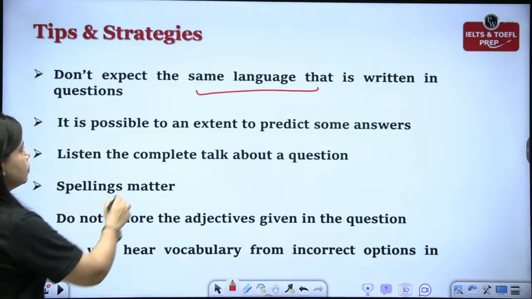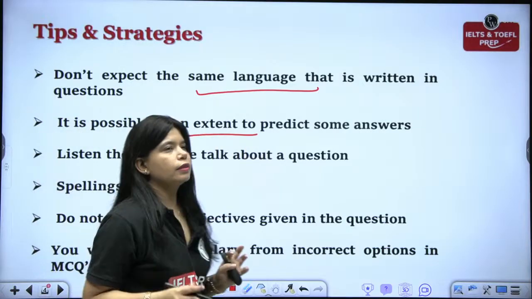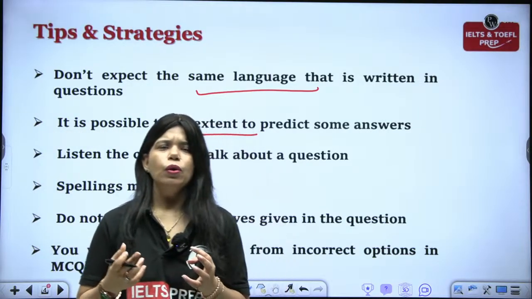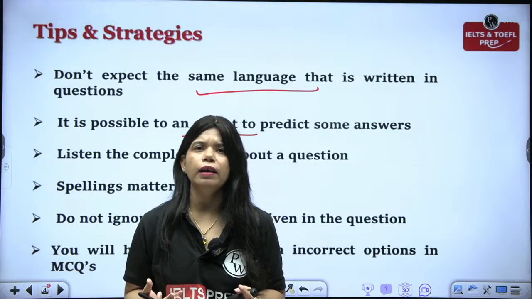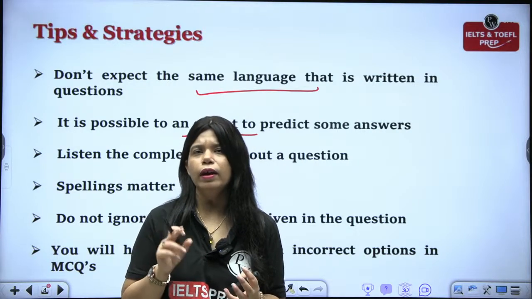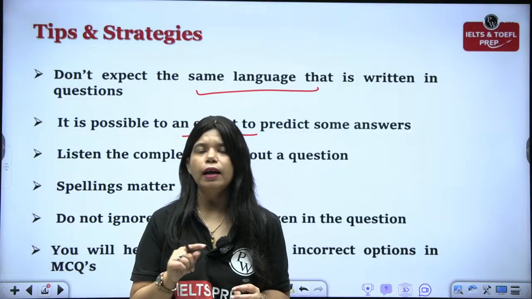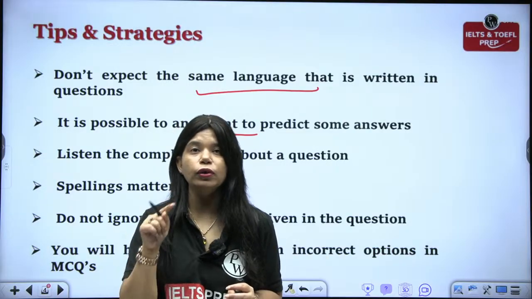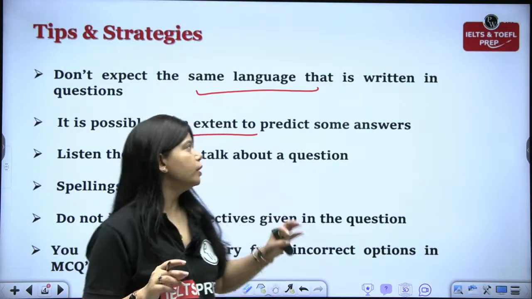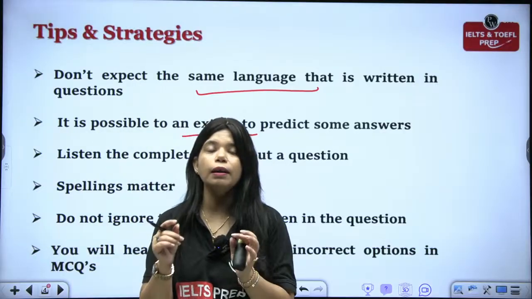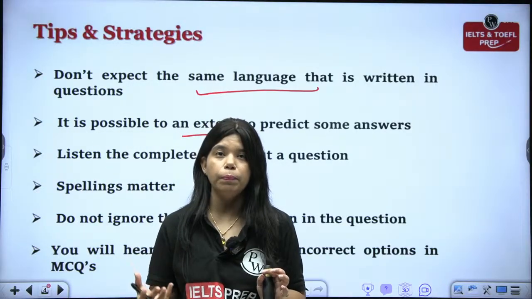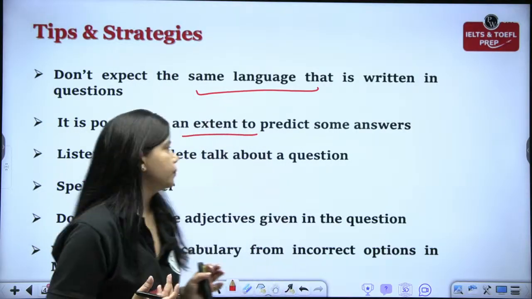And it's possible to an extent to predict some answers. Like I said, आपको ऑडियो सुनने से पहले कई बारी पता चल जाता है कि ओके, for this blank I need to hear a color, for this blank I need to hear a number because you can see the currency symbol. So this much prediction is possible and make the most of it. I mean, predict as much as possible.